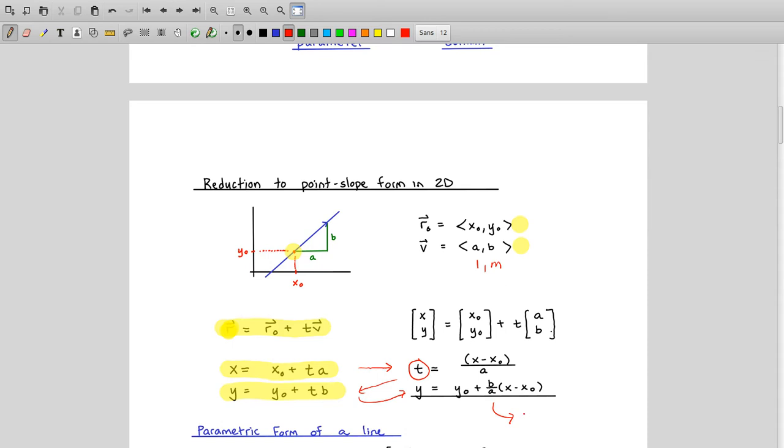And b over a is just m. So this parametric or vector form of a line, I'm getting a little ahead of myself, reduces back to point slope form if you drop from 3 dimensions down to 2 dimensions, and you do a little bit of algebra to eliminate this parameter t.